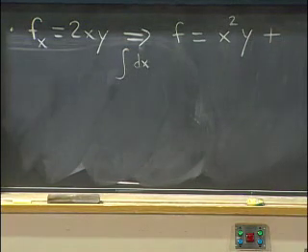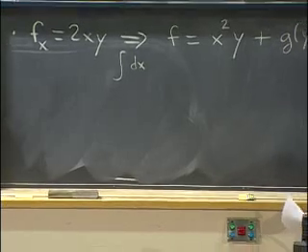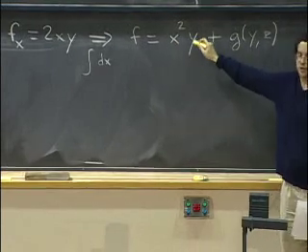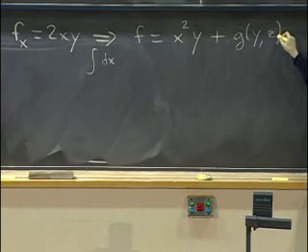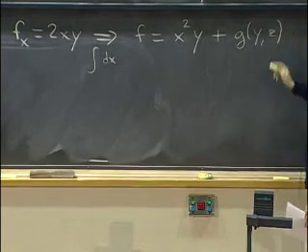Now, what do we mean by an integration constant? Well, for given values of y and z, we'll get a term that does not depend on x. It still depends on y and z. So in fact, what we get is a function g of y and z. If you took the derivative of this with respect to x, you'll get 2xy, and this term will go away because there's no x in it. Okay? So that's the first step.